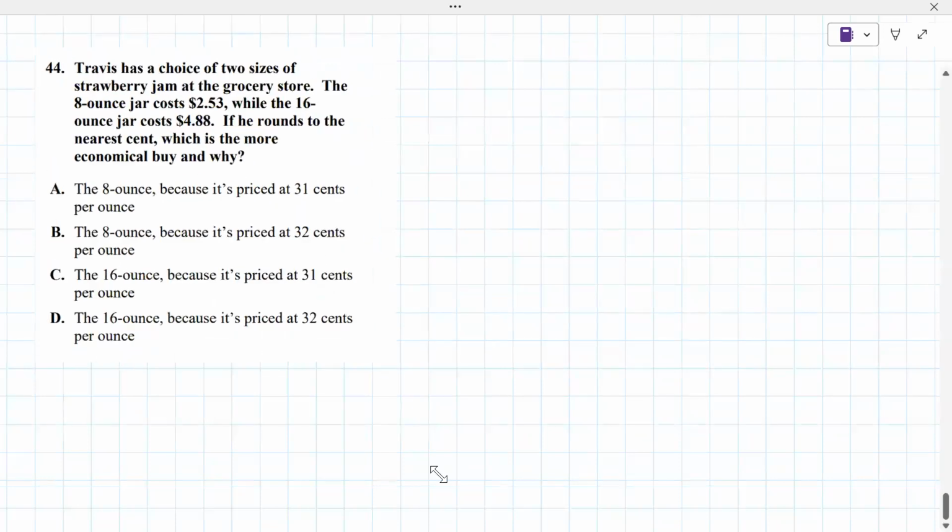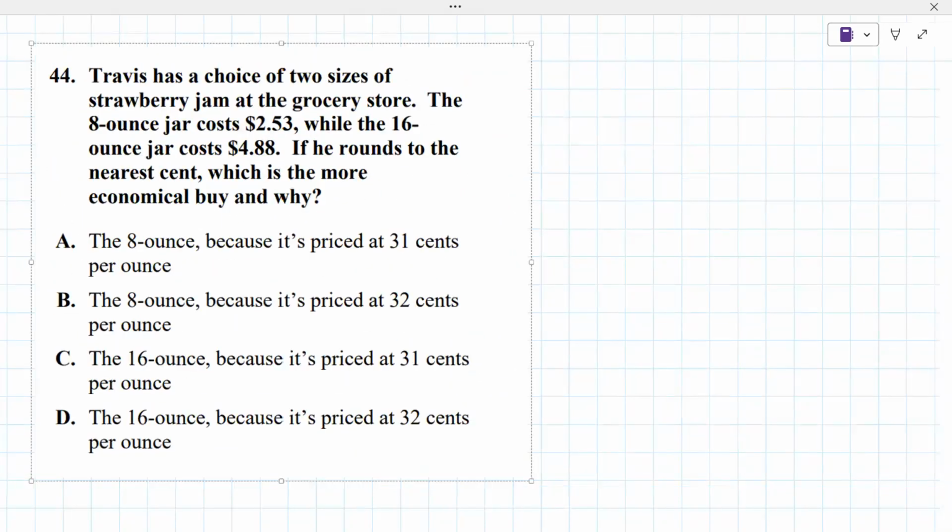Here's another problem for you to try. You're welcome to use a calculator. C. Okay.